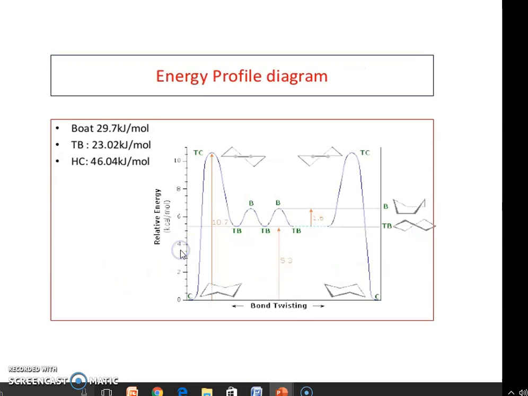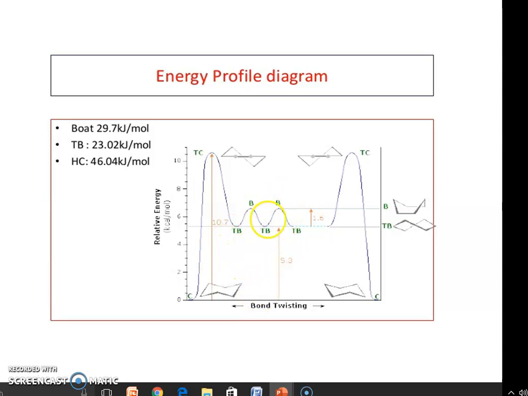This is the energy profile diagram, and we can see it for all four conformations. For the boat conformation it is 29.7 kilojoules per mole. For twist boat it is 23.02 kilojoules per mole. For half chair it is 46.04 kilojoules per mole. This is how we can give the stability based on the energy diagram.